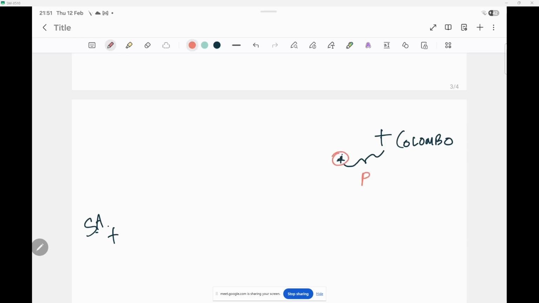So we call it pilotage, right? This is Colombo Port, and this is your berth. This is the South African port, and this is your berth. So you are going to drop the pilot, and then you will be starting the sea passage.